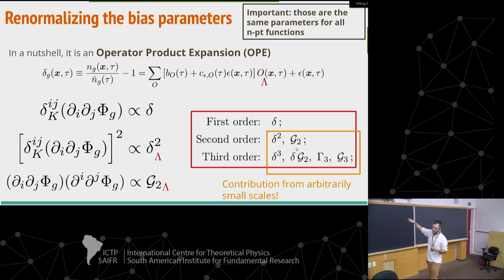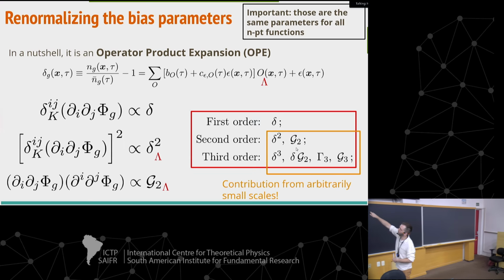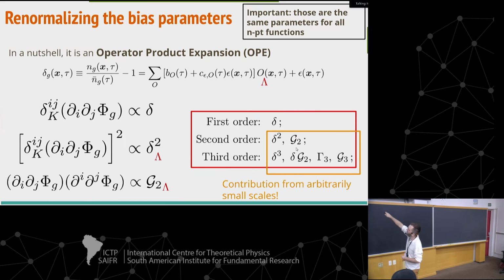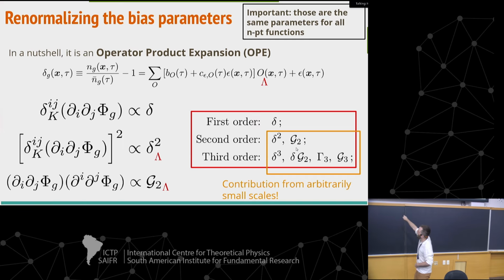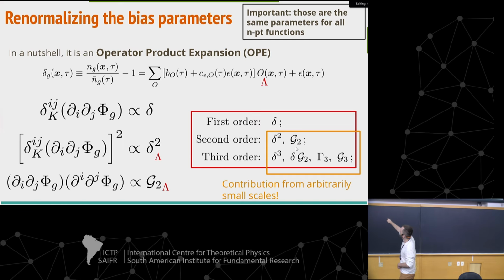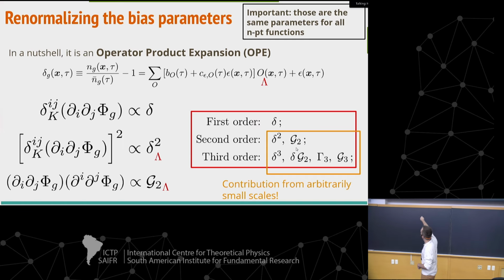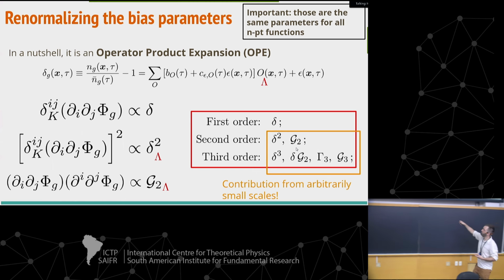So just in a nutshell, with this operator product expansion you can take either a contraction with a Kronecker delta here and have something proportional to delta. I'm just using Poisson equations, so two derivatives here of the potential give me something like delta, and this squared gives me delta squared. And you can, of course, take the other contraction you have here, delta ij and delta ij, to have what we call the Galilean operator, so this G2.